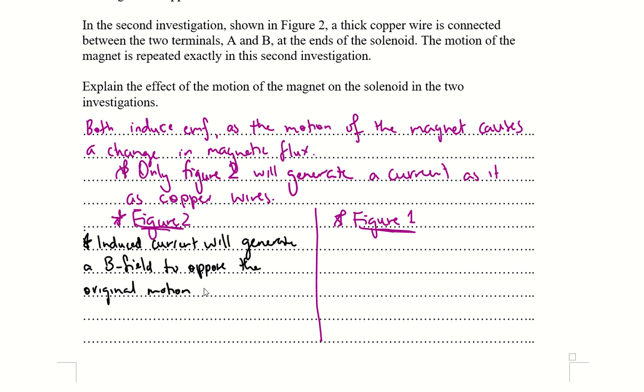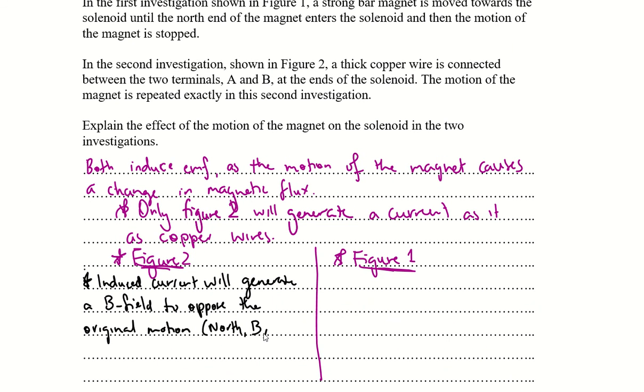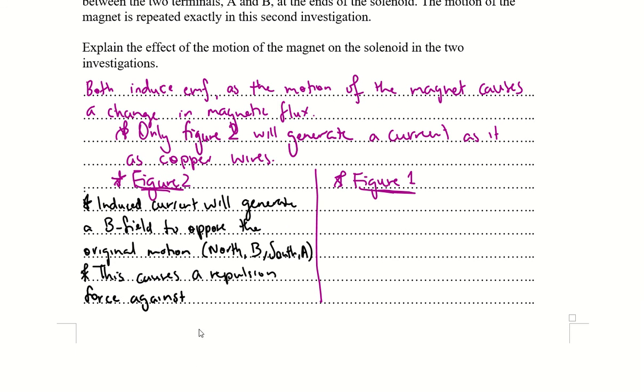So in this case, a north pole at B. I do believe it was B. Yep, north pole at B, and the south pole at A. So this causes a repulsion force against the incoming north pole.